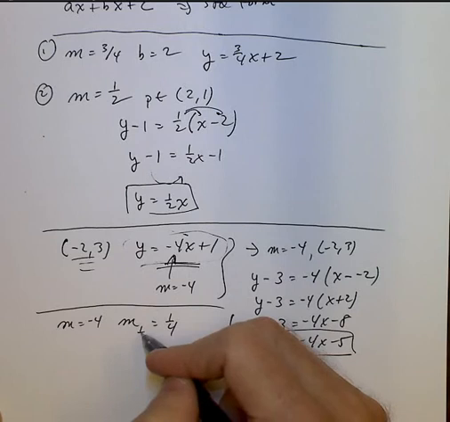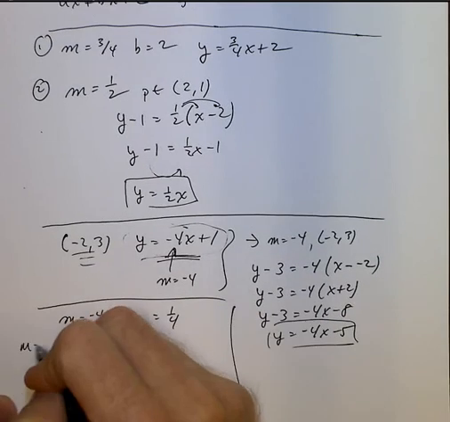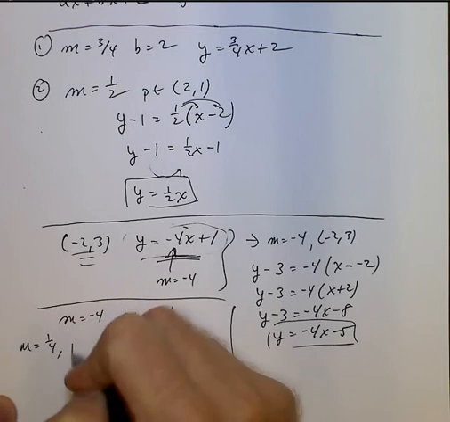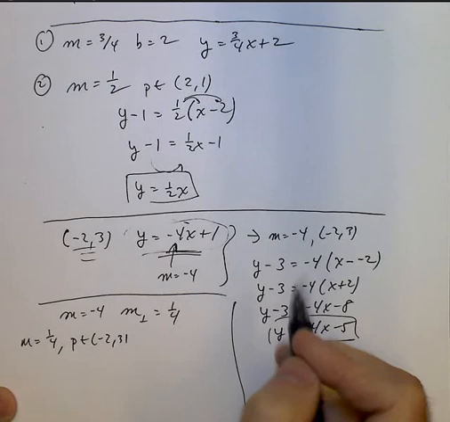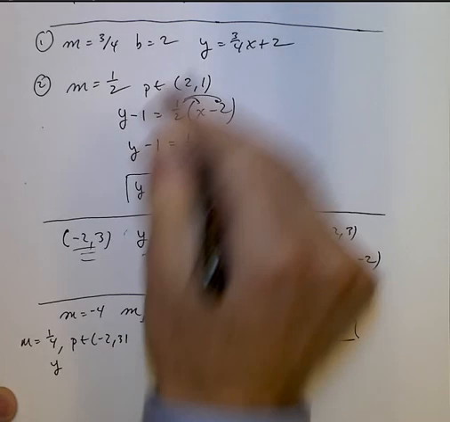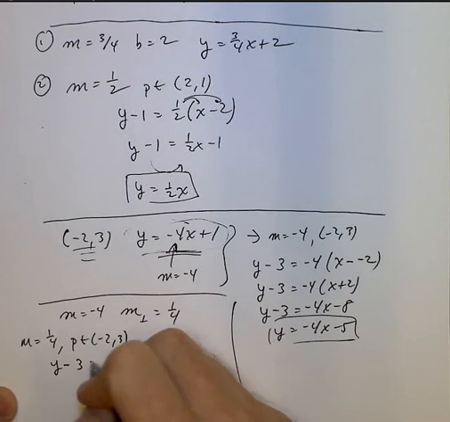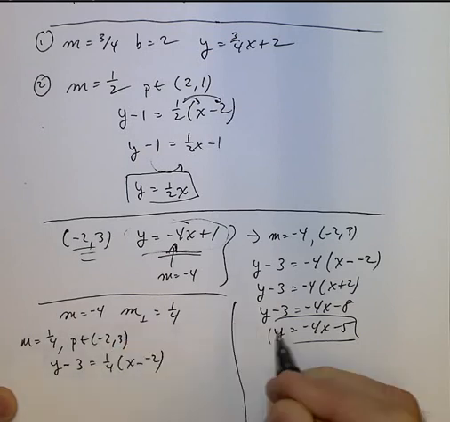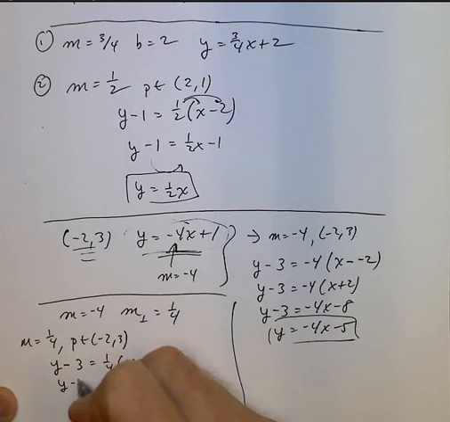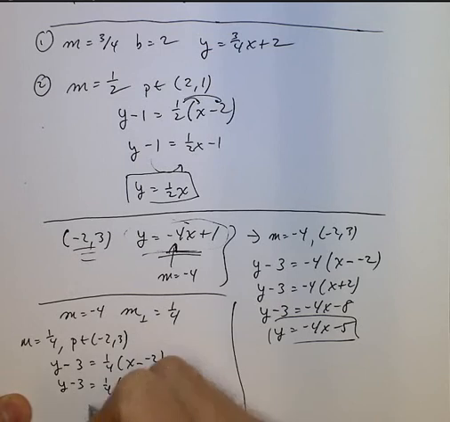So now we have slope equals a 4th, and we have our point from right here, and now we do the same problem. We use our point-slope form. We go y minus y1 equals m times x minus x1, and we just do the algebra, just like this. y minus 3 is 1/4 x plus a half.